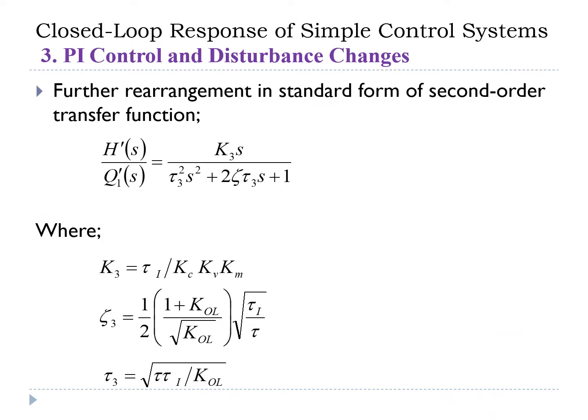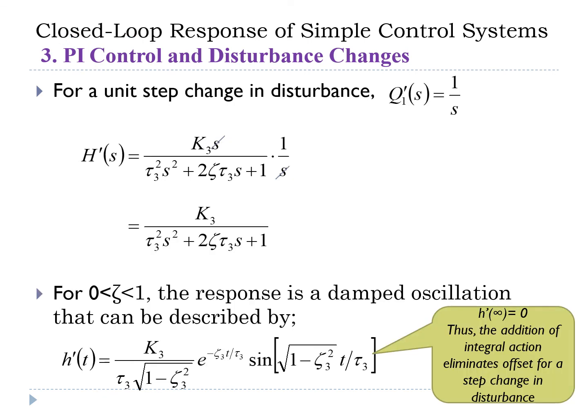Okay, so to summarize, the addition of PI controller will make the overall closed-loop transfer function become a second-order transfer function, where this is the standard form of second-order transfer function with this value of K3, damping coefficient, and time constant. Now for a unit step change in disturbance, meaning that your Q1 equals 1 over S. So you know that Q1 is your disturbance, right?